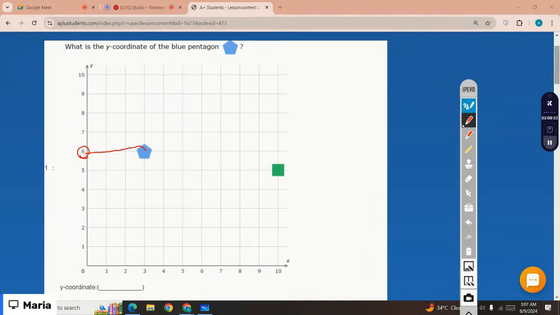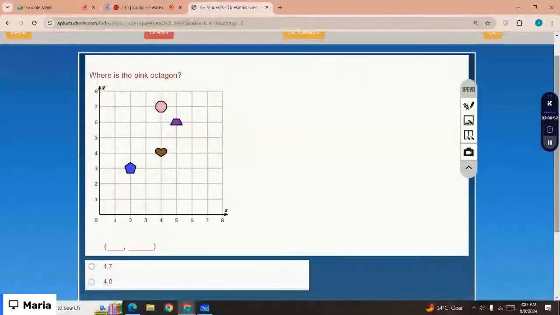Okay, let's just start with the test questions. See the coordinates of the pink octagon, right? The first value is always the x value, and the second value is always the y value.